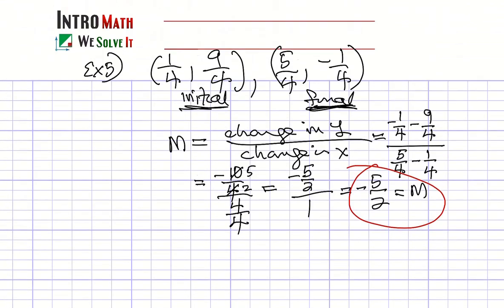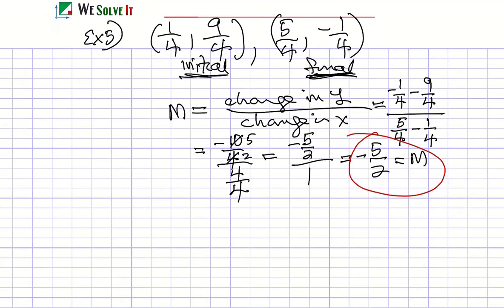So we got the slope, and then we use any of the points. In the previous example, I used this one. This time I'm going to use this one.